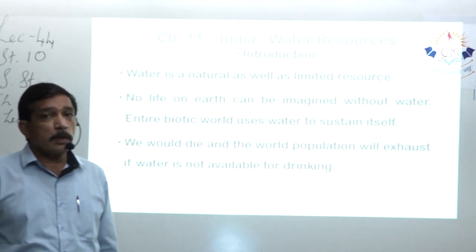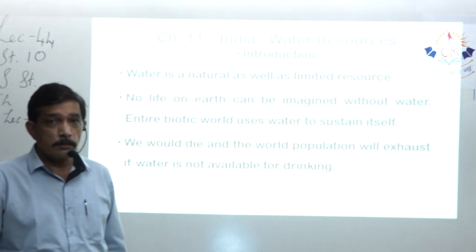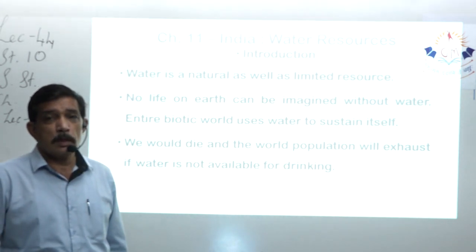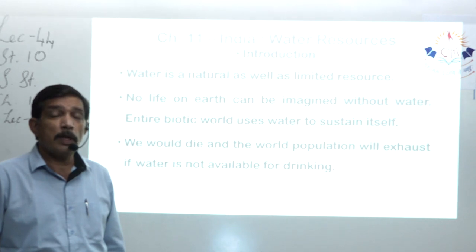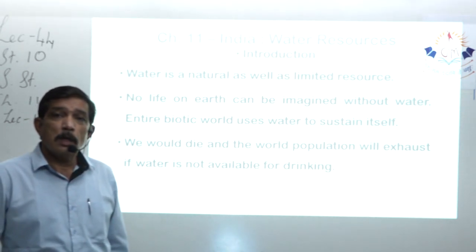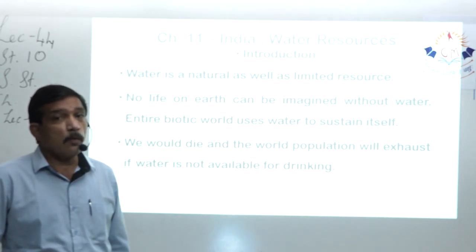First point to be remembered is India geographically is quite a big country, where the southernmost tip is near the equator, whereas the northernmost tip falls in the mid-temperate zone, where snow falls.